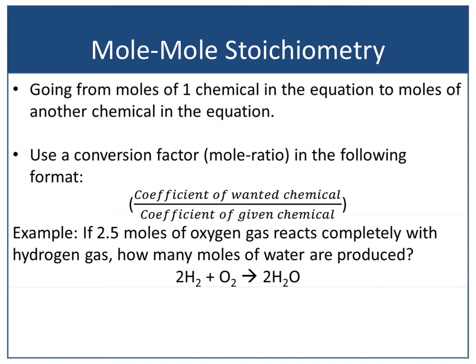In mole-to-mole stoichiometry, we are going from moles of one chemical in our balanced equation to moles of some other chemical in that equation. All right, the important thing here is we are in the mole.